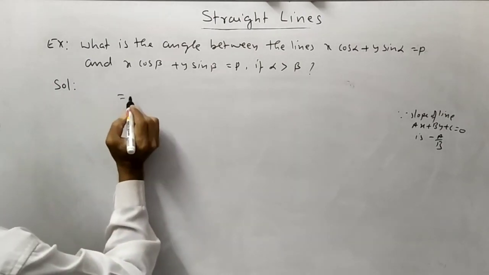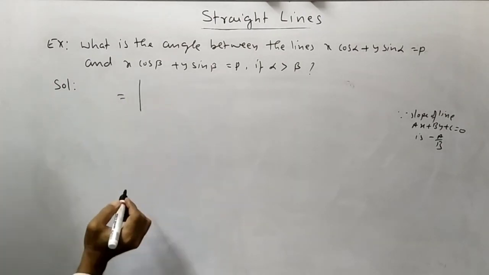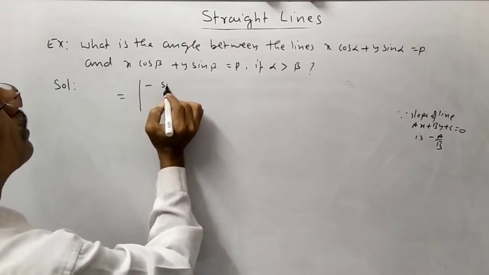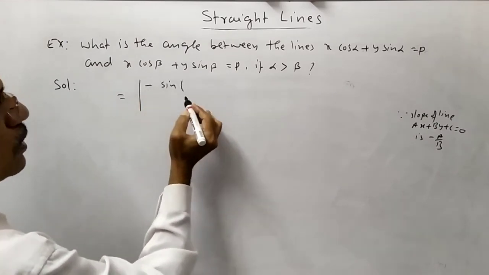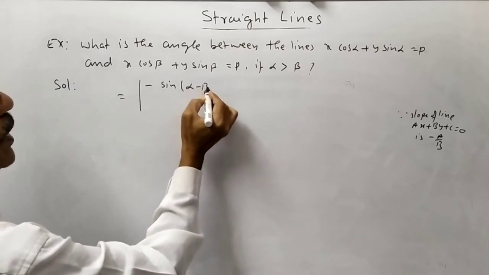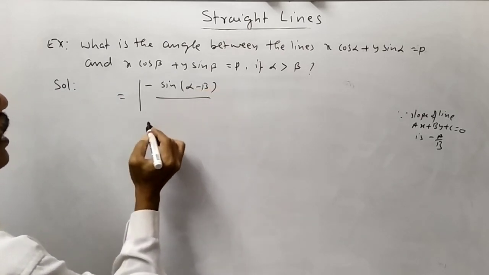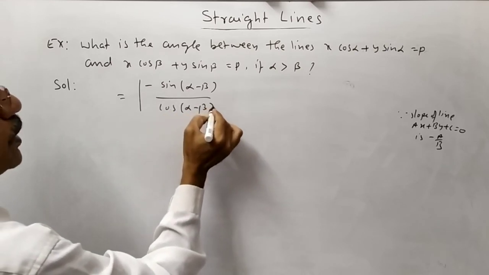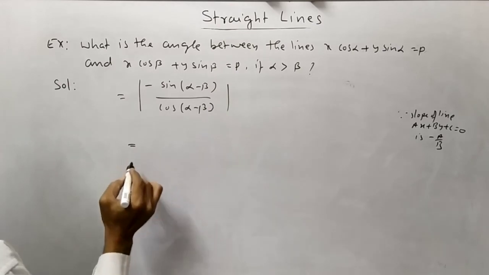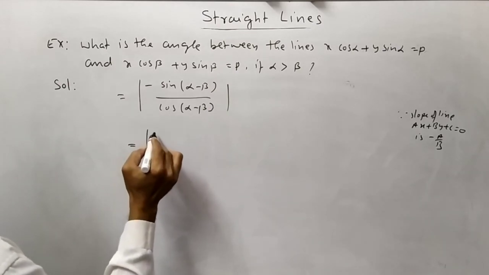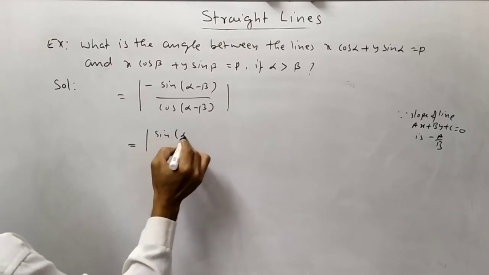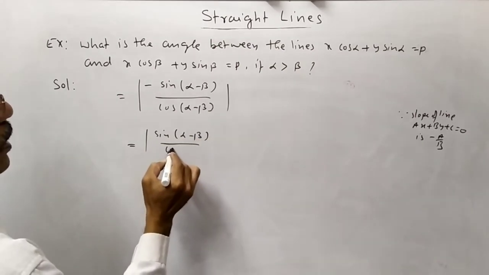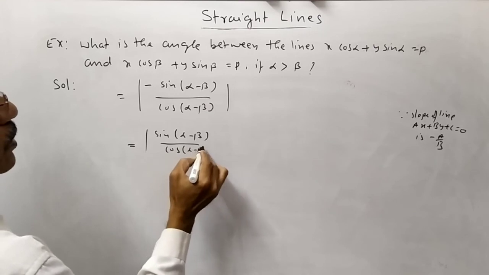Is equal to absolute value of minus sin of alpha minus beta divided by cos of alpha minus beta, which is equal to absolute value of sin of alpha minus beta divided by cos of alpha minus beta.